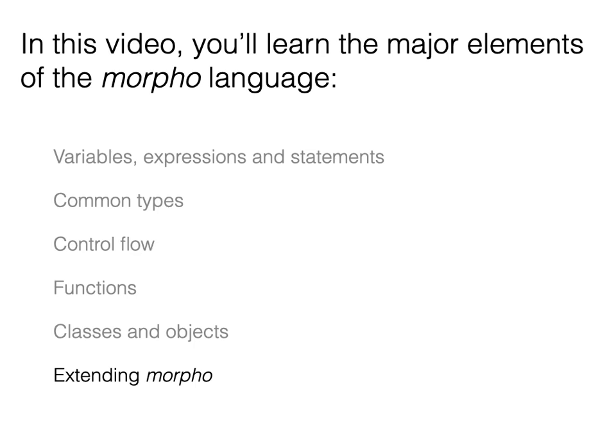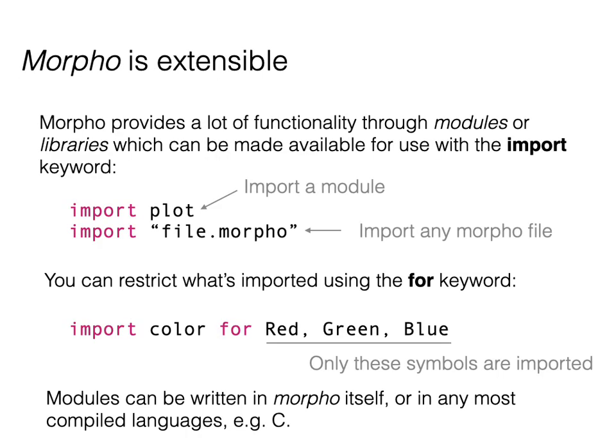The final topic is how we can extend the Morpho environment. The key idea here is that Morpho provides a variety of modules or libraries that you can use with the import keyword. So we can import a module like plot, which is available to Morpho. We can also use any file we like that is in the same directory or a subdirectory of the file that we're running, and we can import it with the quote marks.